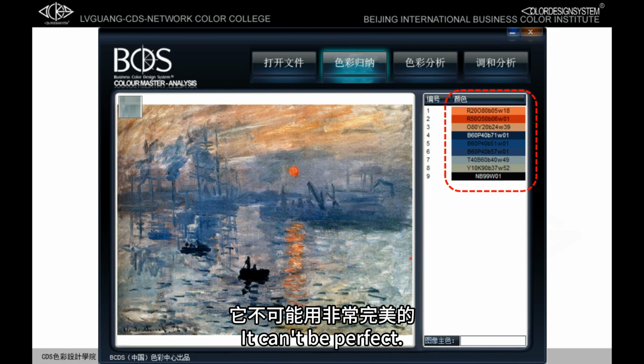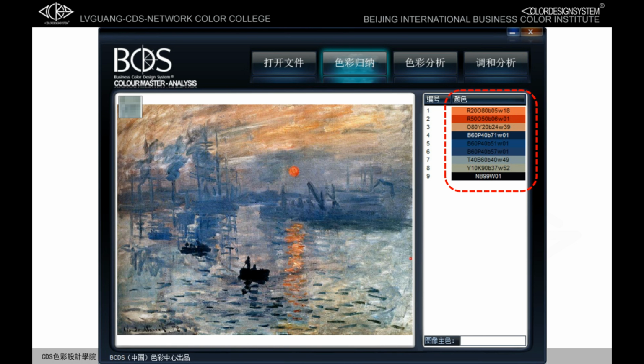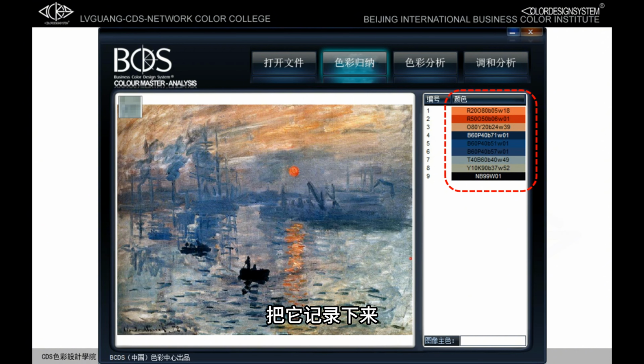It can't be perfectly accurate or precise, so he described it non-objectively. What he saw at first sight, he used the maximum color impressions and excitement to record it. He finished this work.